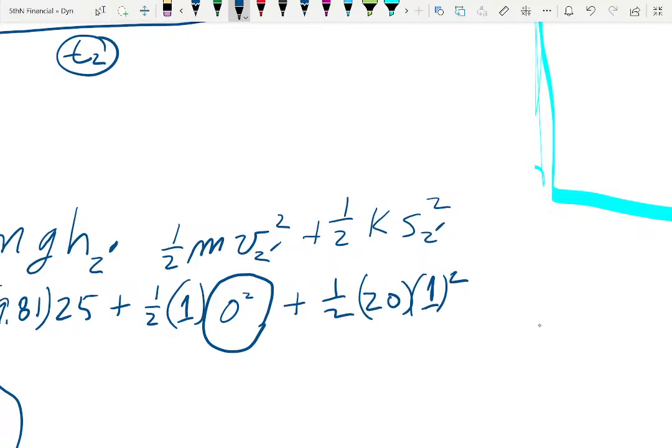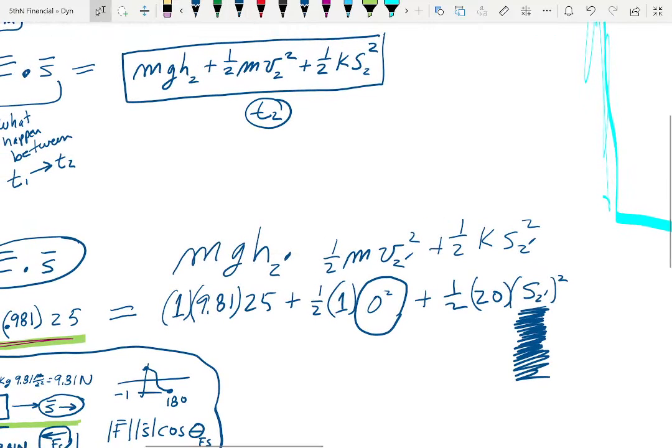Let's see if I can get rid of that. Now I'm looking at S2 prime squared. This is the unknown now. It tells you how far you compress that spring. When it reached its maximum, the velocity was 0. This is still the same.